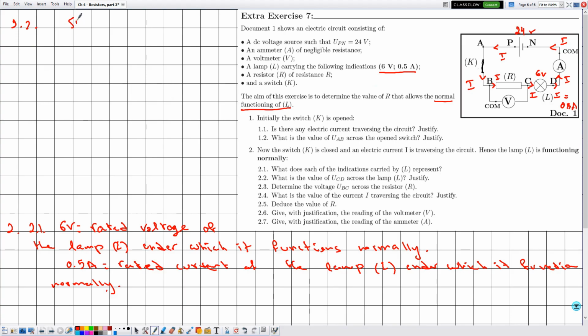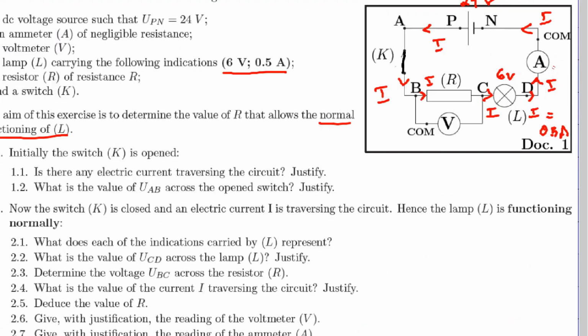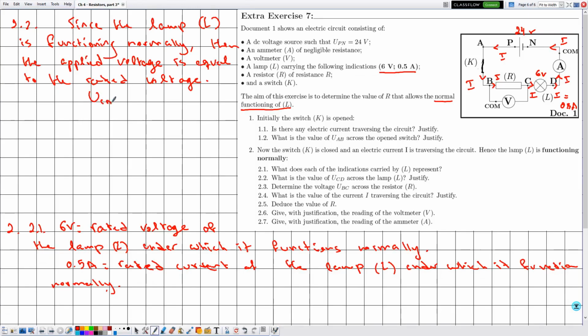So let's say since the lamp L is functioning normally, then the applied voltage is equal to the rated voltage, so the voltage of the lamp, which is given by UCD, is equal to 6 volts.